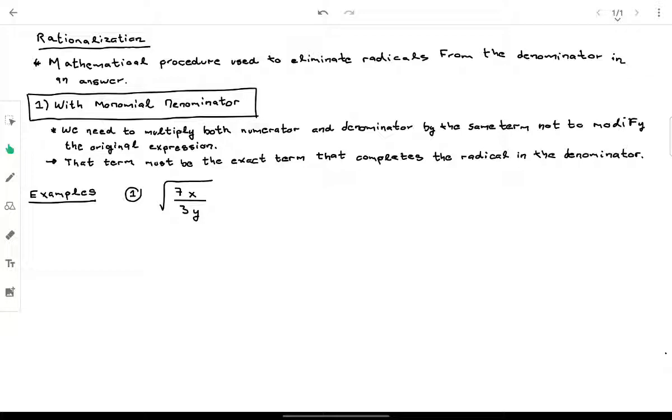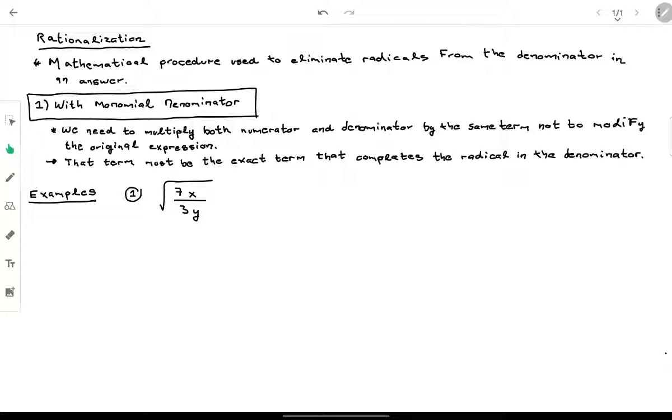It says we need to multiply both numerator and denominator by the same term. Why do we need to multiply both if we only want to modify the denominator? Remember that we have a specific expression, an original expression. If we only modify the numerator or only the denominator, we will be modifying the original expression.